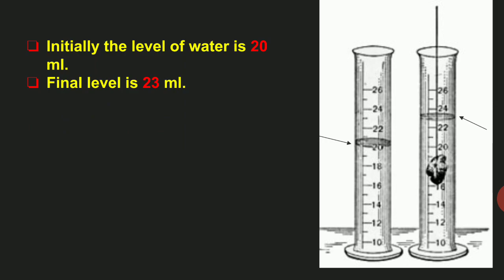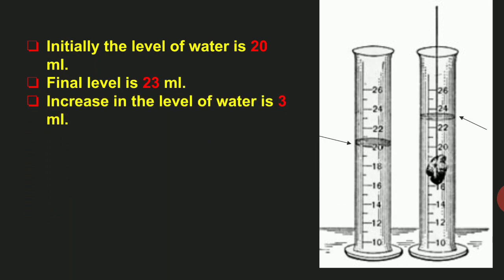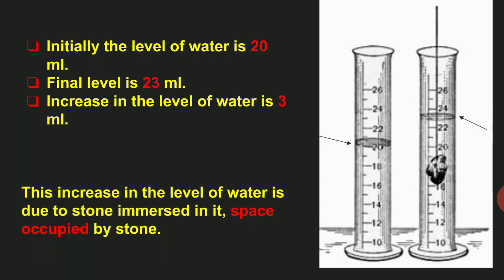Before, the marking was 20 ml and after putting a stone it is 23 ml. So the increase in the level of water after putting a stone is 3 ml. This increase is due to the space occupied by the stone in the water. So the water level is rising.